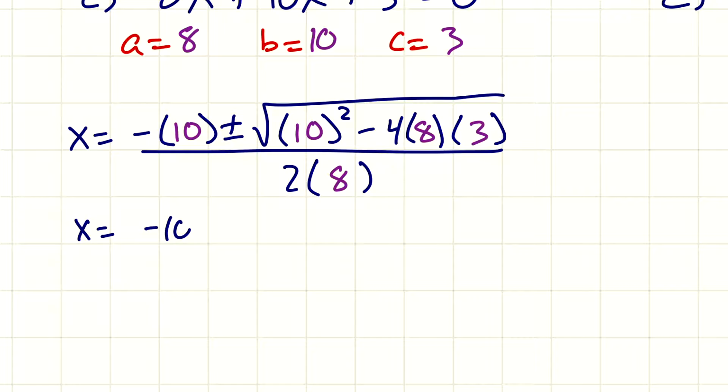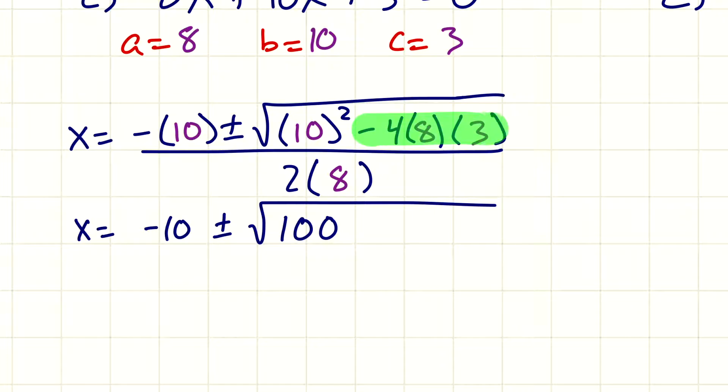This is going to be negative 10 plus or minus the square root of 100. 10 squared is 100. And I notice I only have one negative here, so that means this is going to be a minus 4 times 8 times 3. What does 4 times 8 times 3 give us?